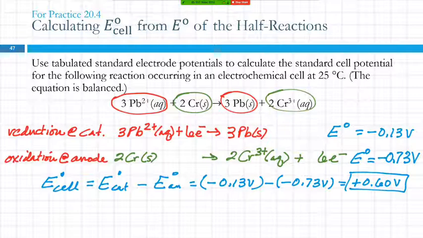We don't multiply because electrode potential is an intensive property. It doesn't depend on how much of the stuff you have. Something like enthalpy, heat of reaction, is an extensive property. It depends on how much you have. So if you have a little tiny electrode or a big giant electrode, the potential is the same. That's not the case if you're burning a little bit of gasoline or a lot of gasoline. So that's why we don't multiply.